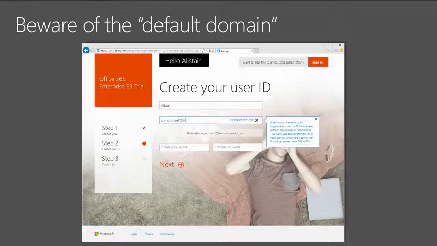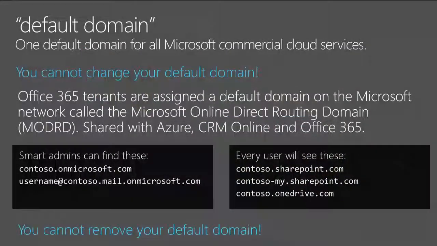There's a nice little pop-up message there that doesn't really tell you that you cannot change this, your users will see this, and you cannot remove this. So we call this the default domain, or in Microsoft speak, we call it the MODRD, the Microsoft Online Direct Routing Domain.